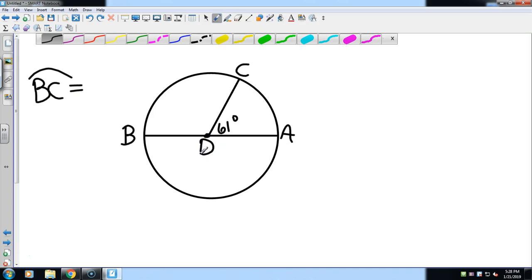I need to find this angle right here. Because BA is a diameter, that makes BCA a semicircle, so that's 180 degrees. So when I take 61 and subtract it from 180 degrees, I'm going to get 119. So if angle CDB is 119 degrees, then arc BC is also 119 degrees. So we're just finding the missing piece.